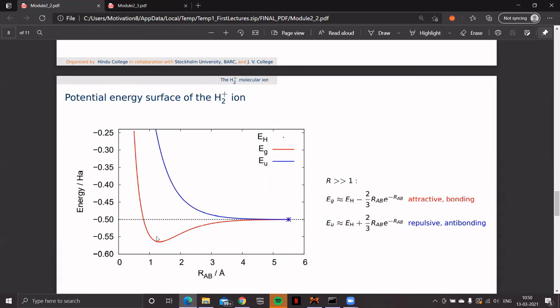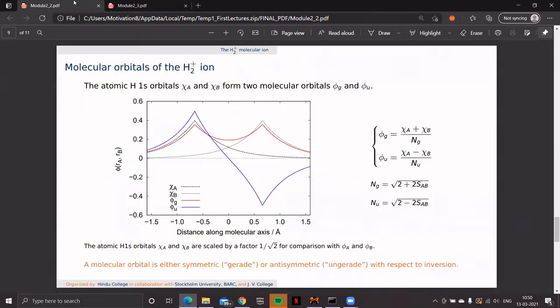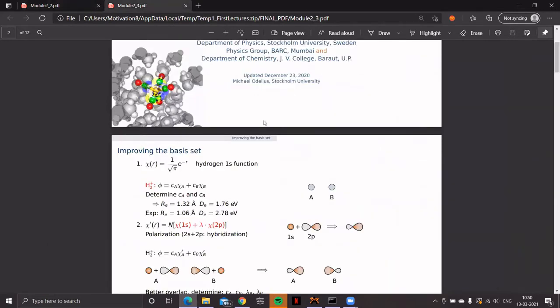That's the energy required. In this case, it will be the energy required to break H2 positive ion into hydrogen and H positive ion. And the distance between the nuclei at which that's a dip, the minimum potential energy, corresponds to the equilibrium bond length between the two hydrogen atoms. And in the next lecture, he compared the experimental value.